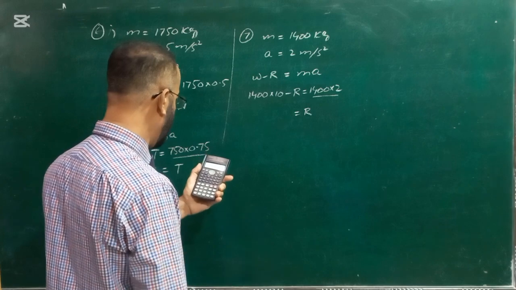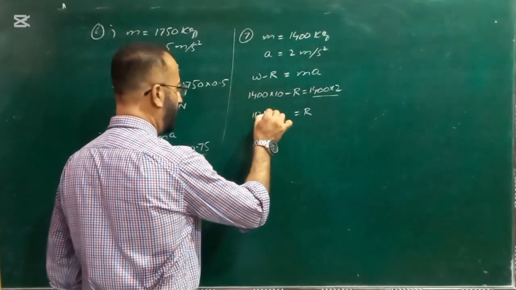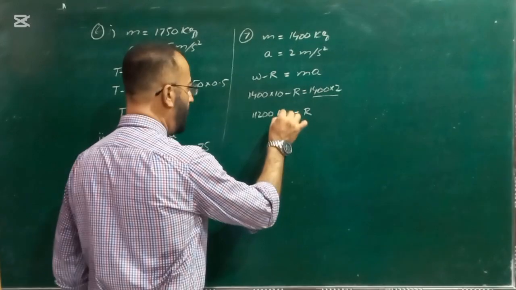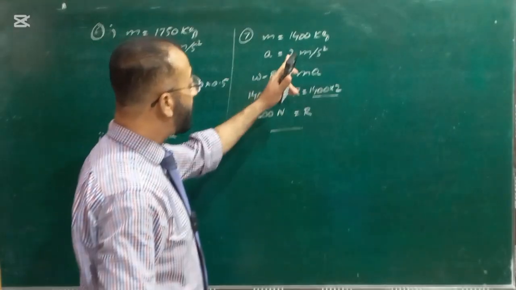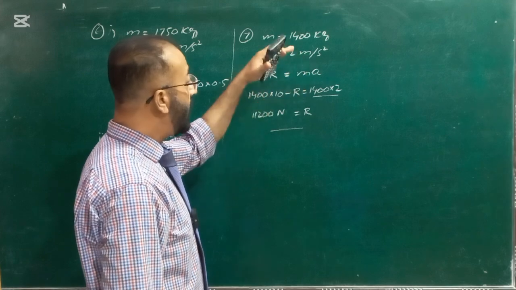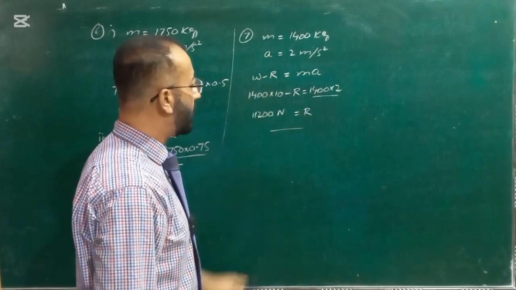So the answer is 11,200. So this is the air resistance that will be applied on the balloon whose mass is 1400 kg and which is descending with an acceleration of 2 meter per second square.